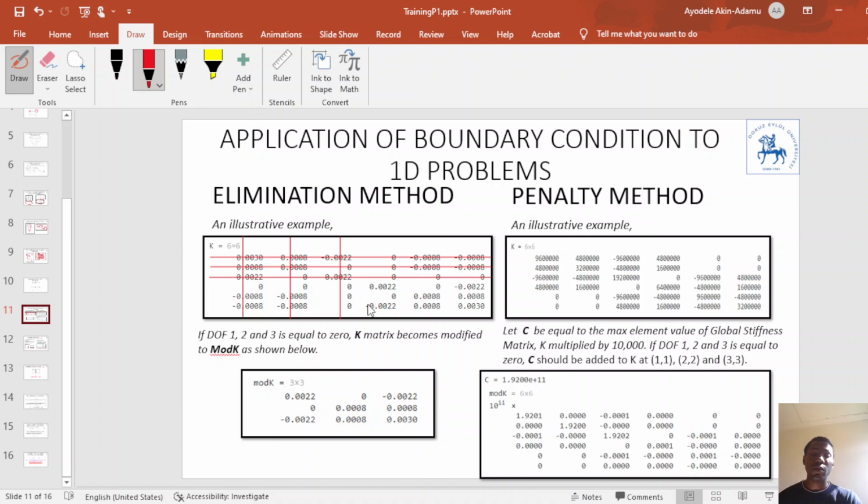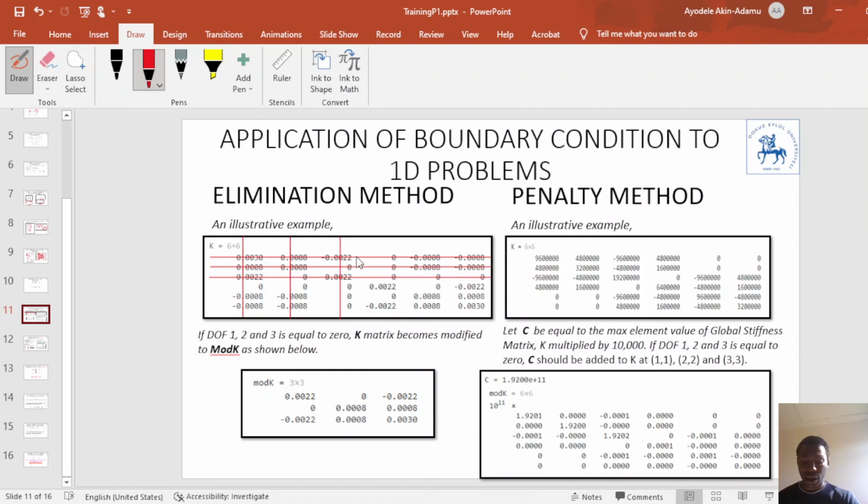Because the global stiffness matrix cannot be inverted, we need to apply boundary conditions, that is support conditions, to the global stiffness matrix. There are two general methods of applying boundary conditions in the finite element procedure: the elimination method and the penalty method. I use an illustrative example to explain both methods.